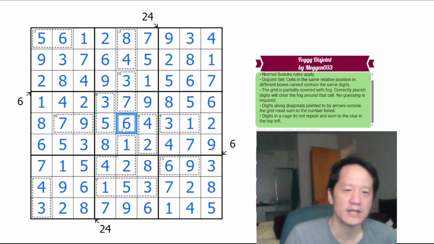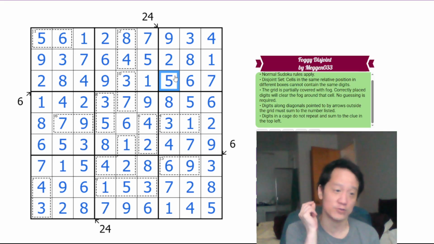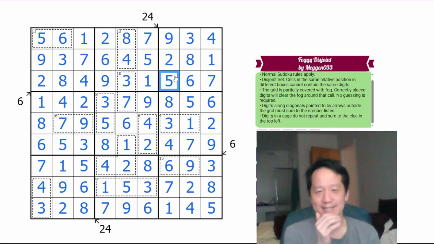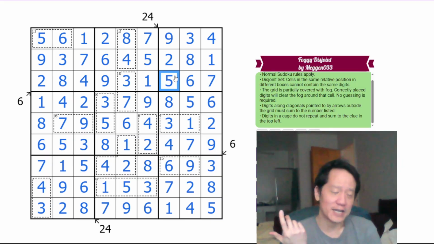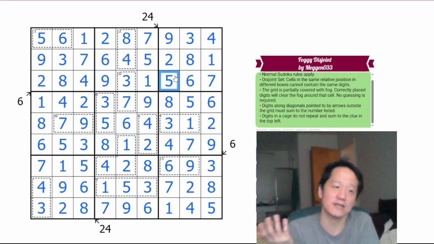I see other people try to solve disjoint sets, and they seem to have a lot of problems with it. And I just never seem to have that type of problem with disjoint sets. I have that problem though totally with Knight's move or anti-Knight's move. So I don't know. It's just I guess how your brain works. Sometimes you see things better than other people, and sometimes you see things worse than other people.